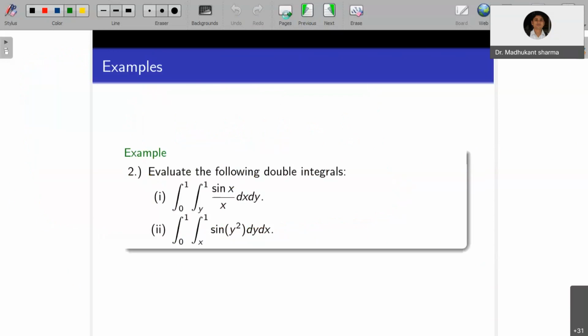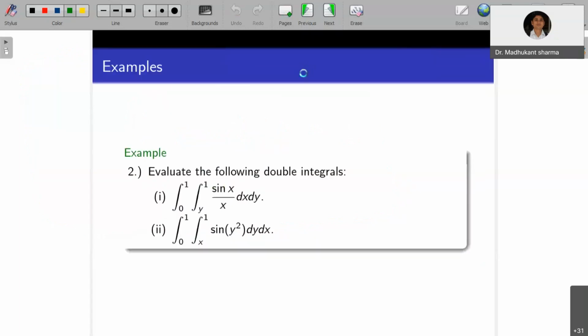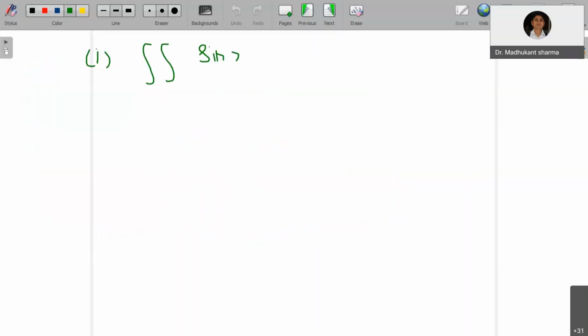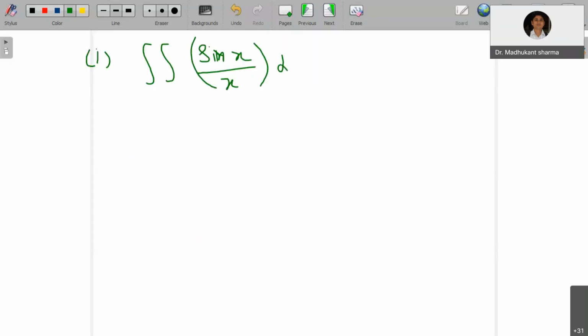The first example is where we want to solve this double integral, where the integrand is sin x by x, in the order dx dy.